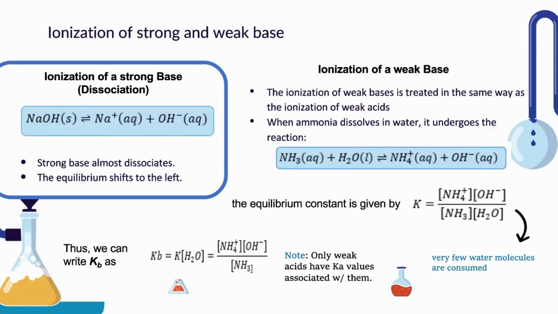The equilibrium constant is equal to the concentration of ammonium and hydroxide over the concentration of ammonia and water. Very few water molecules are consumed by this reaction, so we can treat H2O as a constant. Thus, we can write Kb, the ionization constant of the base, as the product of the equilibrium constant and the concentration of water, which is also equal to the concentration of ammonium and hydroxide divided by the concentration of ammonia.